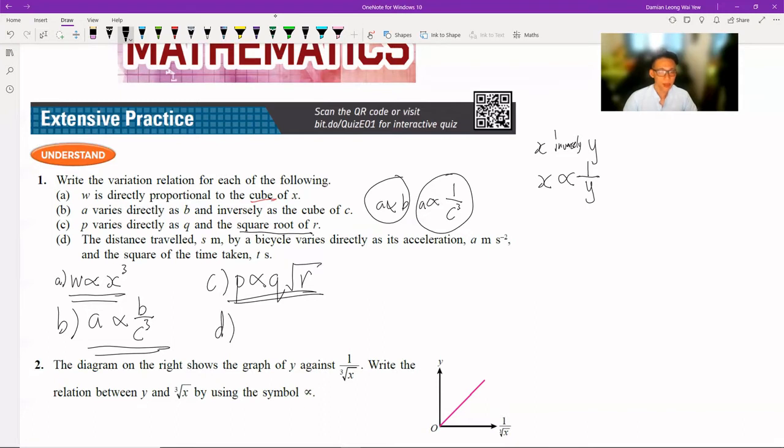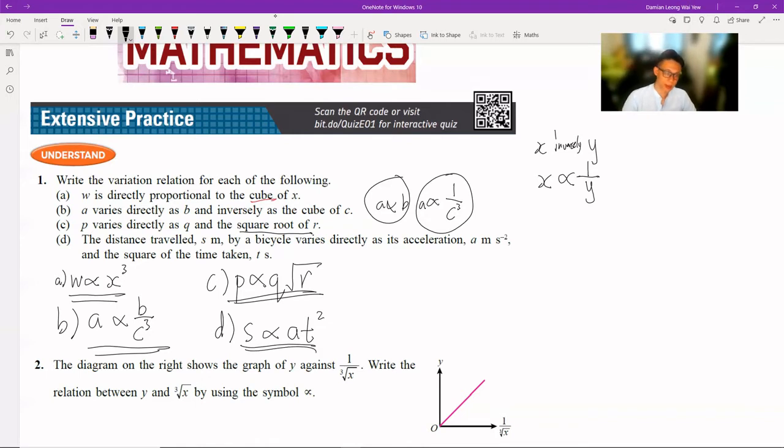And then part D, the distance traveled S meters by a bicycle varies directly as its acceleration A and the square of the time taken. So both directly again. S varies directly as A and the square of the time taken, which means T square.